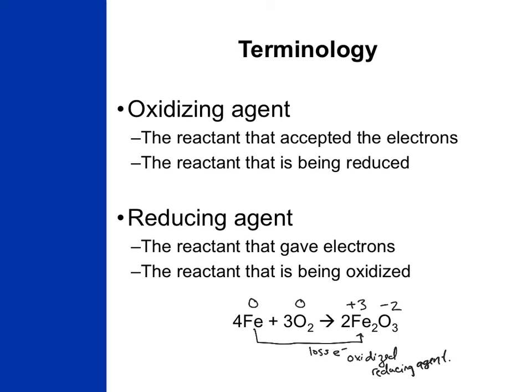The oxygen is going from a 0 to a -2, so it gains electrons. So it's being reduced and is then the oxidizing agent.